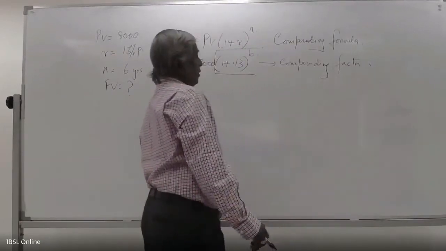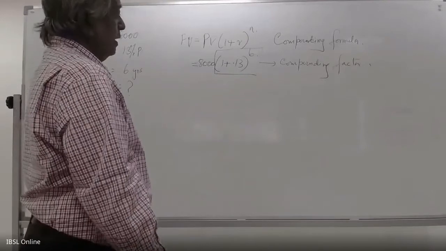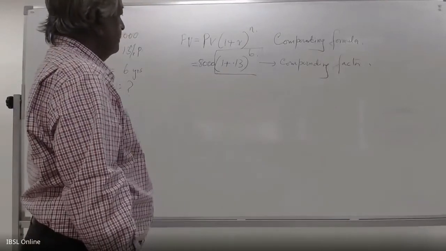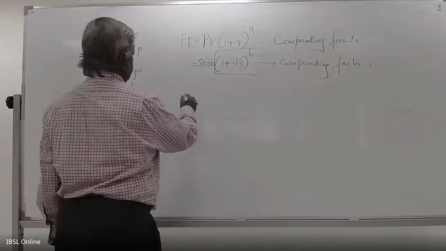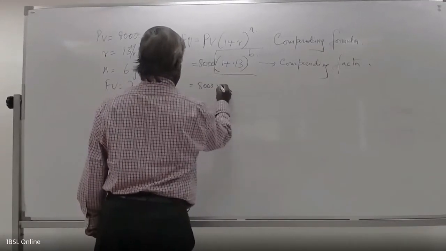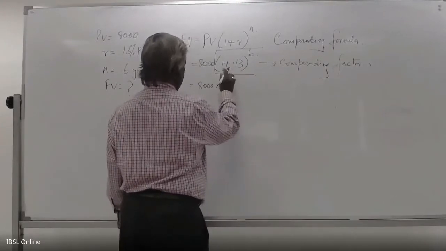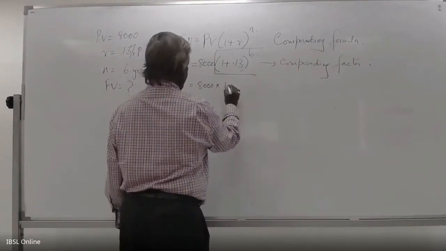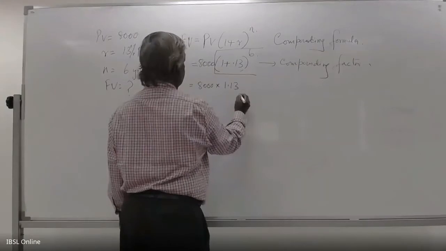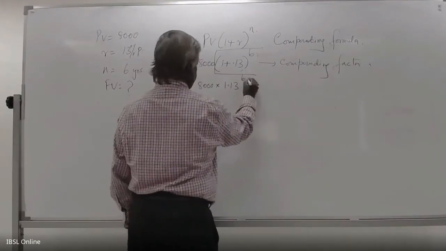This you can calculate, or you can get it from the compounding table. This is equal to 8,000 into, I simplify this one, 1.13 to the power 6.